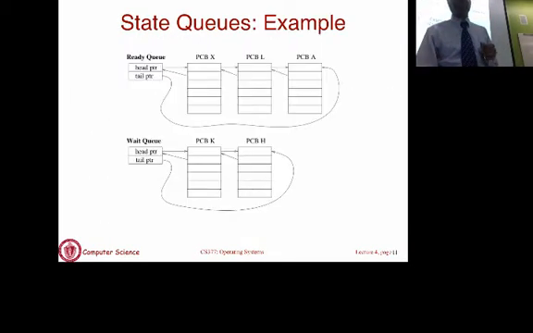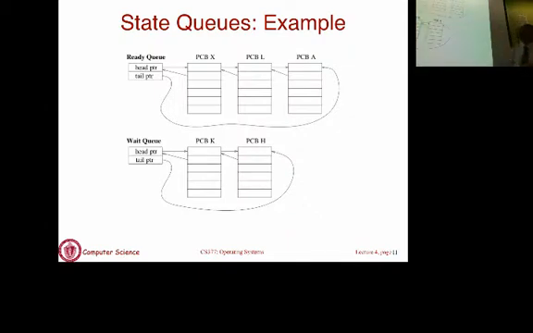Here is an example of what I just showed you. At the top is a ready queue. Each entry here is a process. It says PCB for process X, that's the process control block entry for process X, and then L and A and so on.